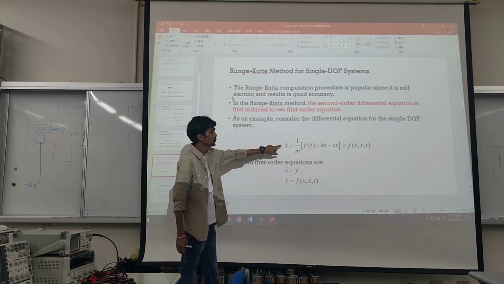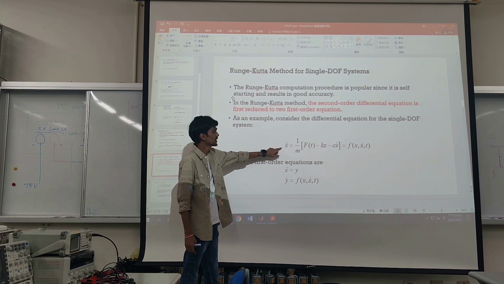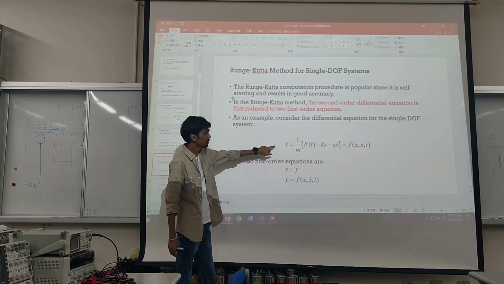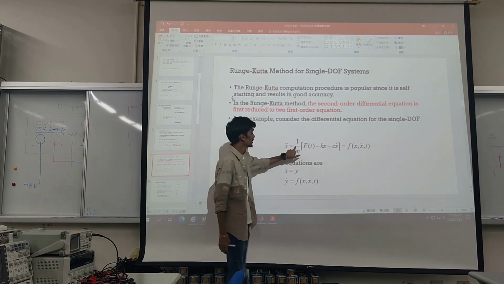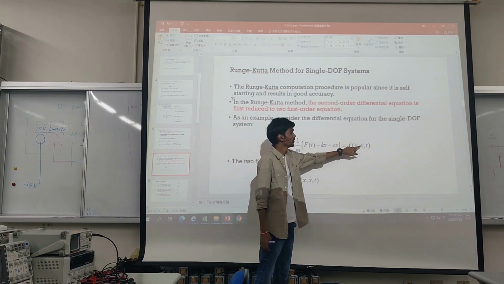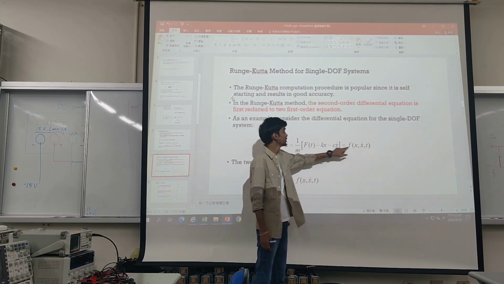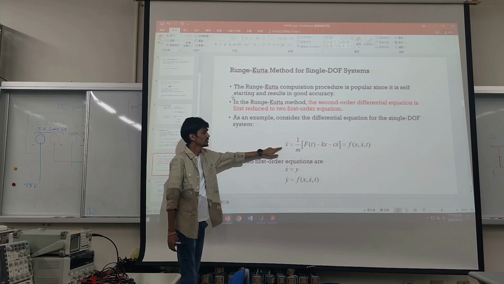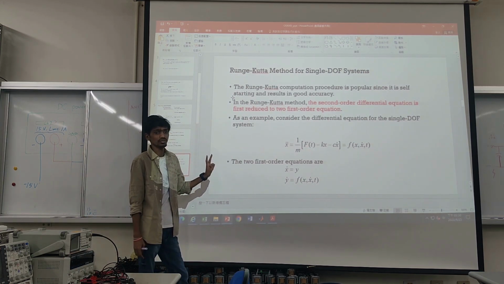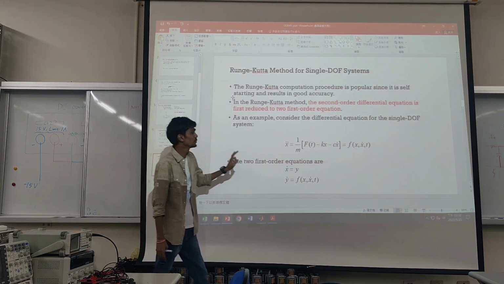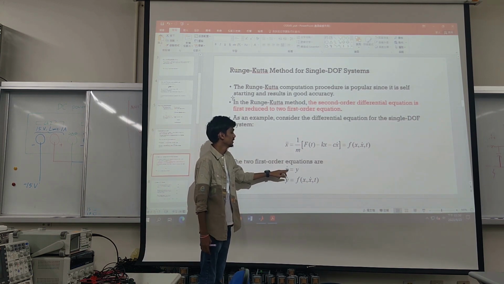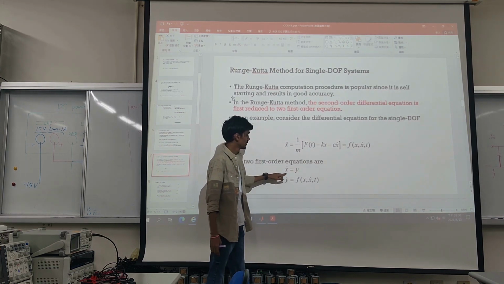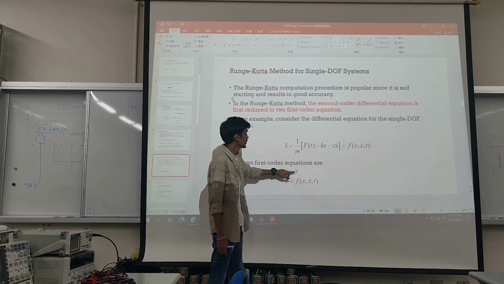This is a damped forced vibration equation. Here you can see this damped forced vibration. This is a second order differential equation, and this equation consists of displacement, velocity, and time. Now this equation we reduce to two first order equations. Let's say velocity x dot is y, another variable y.